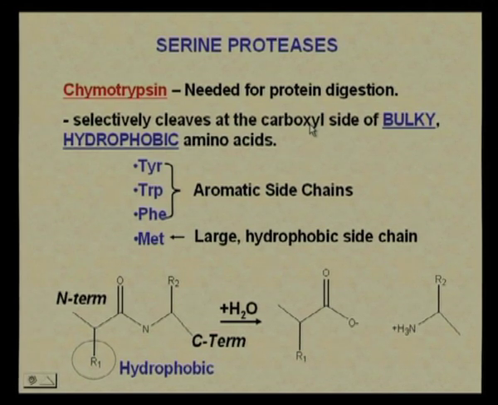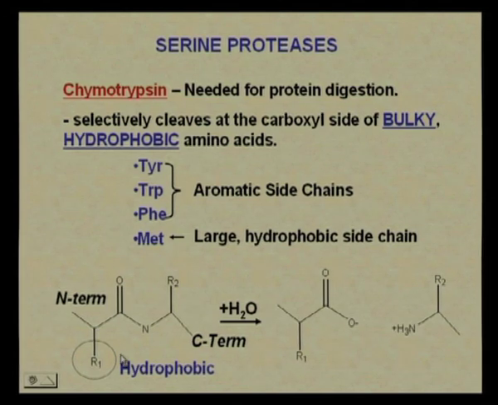You know that an amino acid has 2 sides to it, one is the amine side and one is the carboxyl side. This chymotrypsin will cleave at the carboxyl side of bulky hydrophobic amino acids. Okay. So usually it cleaves at the aromatic side chains and also methionine. Okay. So this is where it cleaves.